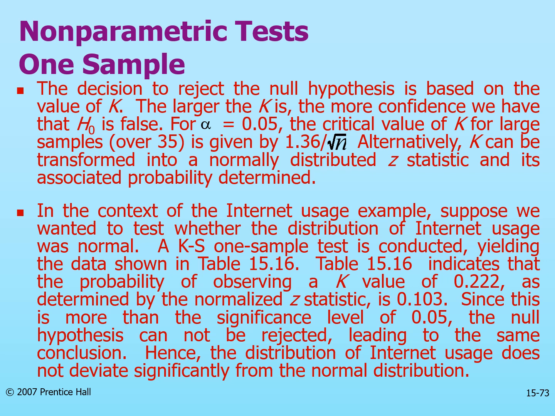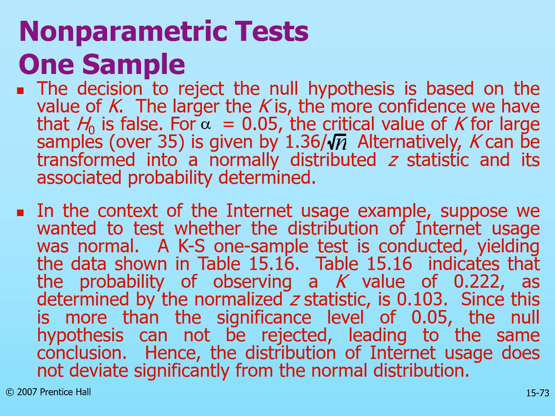So in the context of the internet usage example, suppose we wanted to test whether the distribution of internet usage was normal. A KS one-sample test is conducted, and the data are shown in table 15.6.